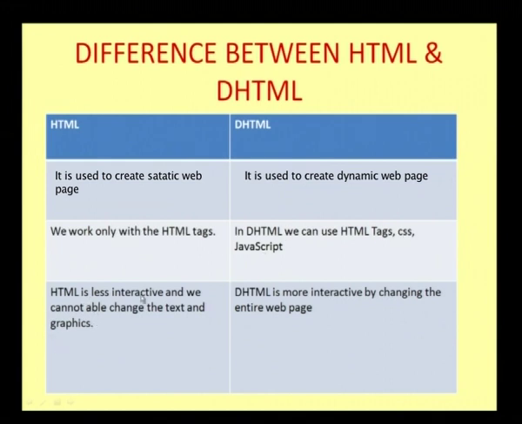Next, HTML is less interactive and we cannot change the text and graphics dynamically at runtime, whereas DHTML is more interactive. We can change the entire web page by giving the input at runtime. So this is the basic difference between HTML and DHTML. DHTML is meant for more interactivity with the user.